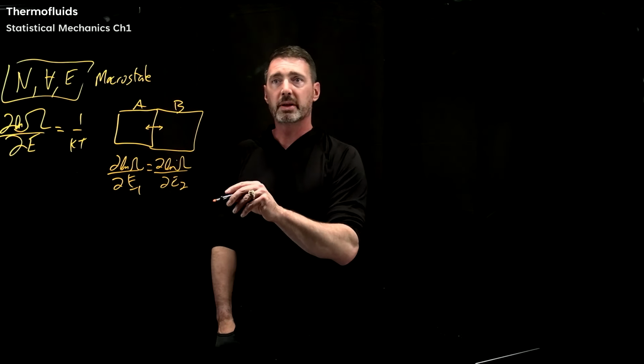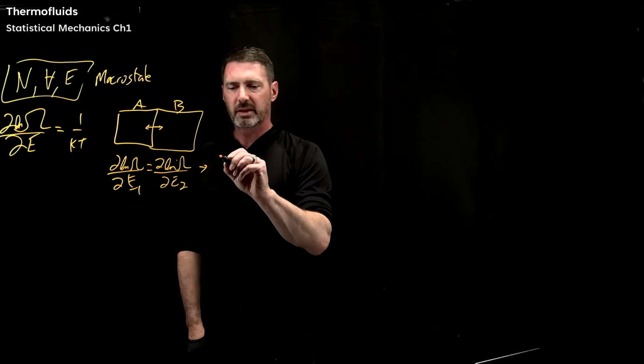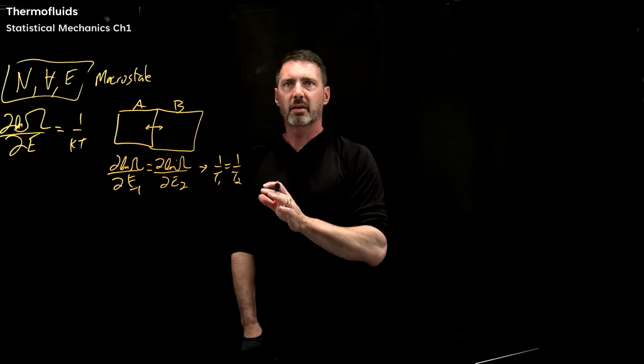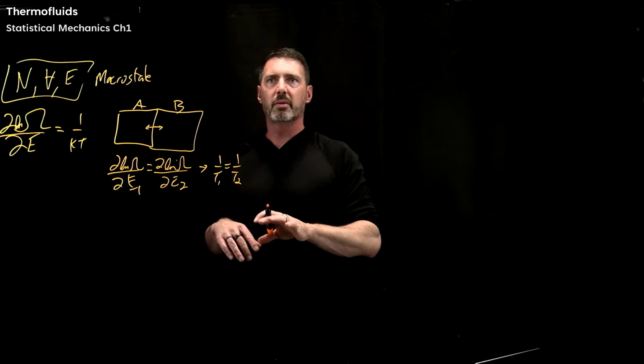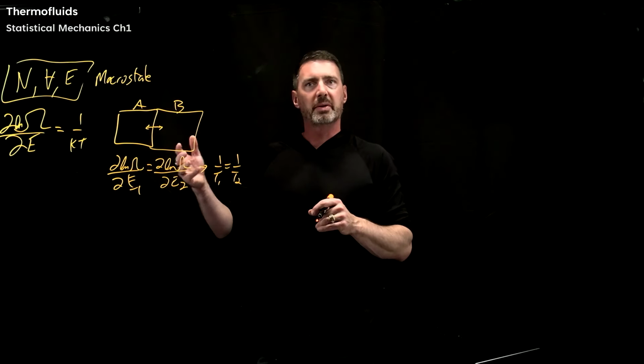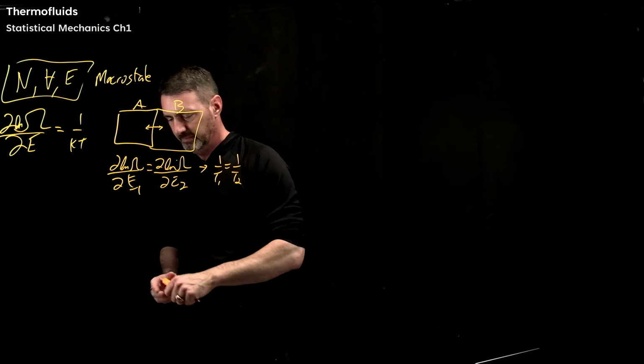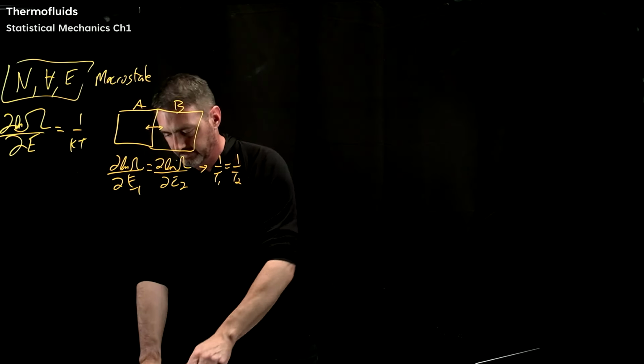That's our equilibrium condition, and honestly, that just led to 1 over T1 is equal to 1 over T2. The same thing is going to happen here: the two temperatures are going to come to a thermal equilibrium. But because this piston can slide back and forth, we also have another condition. Maybe I'll do this one in green to separate it.